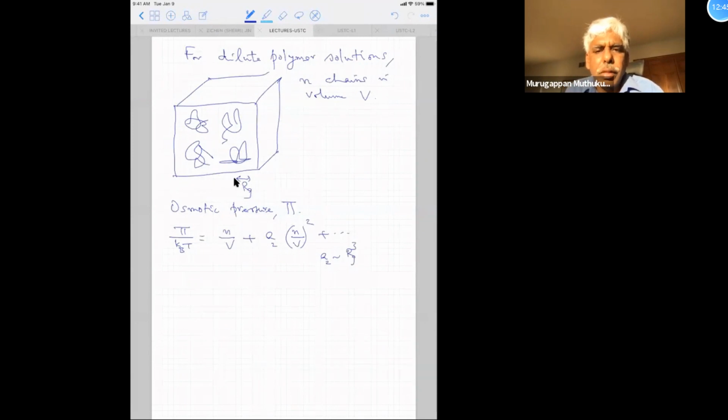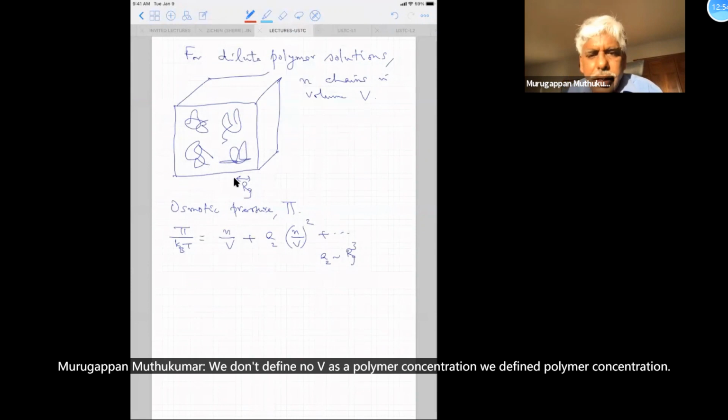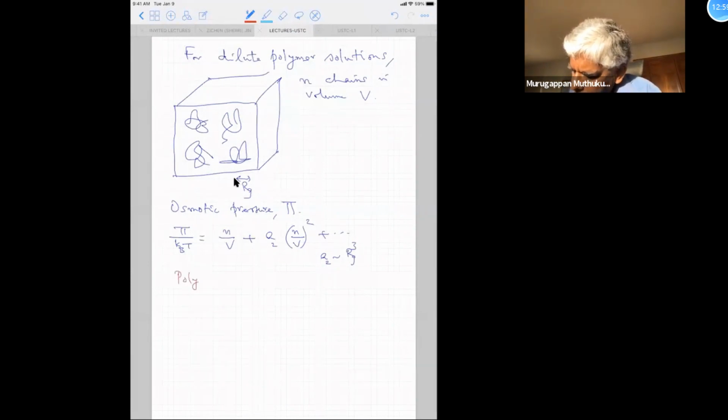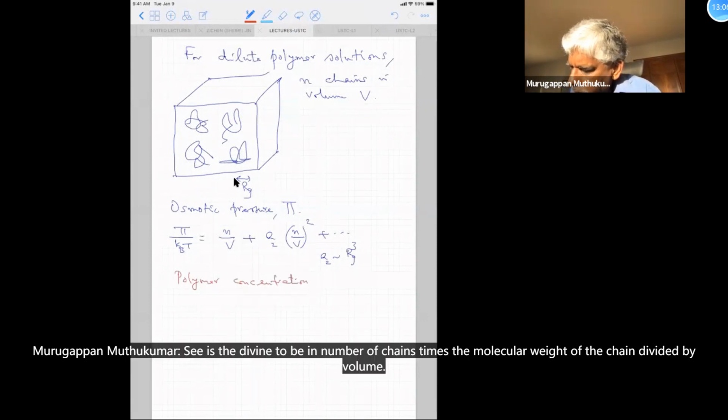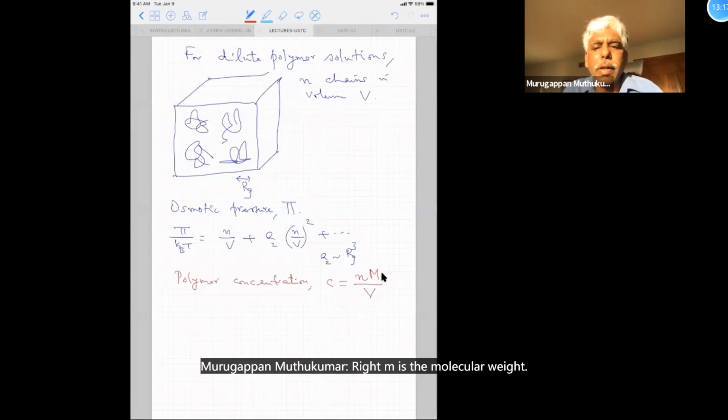Okay. But now in our polymer community, we define polymer concentration as the following. We don't define N over V as a polymer concentration. We define polymer concentration C to be the number of chains times the molecular weight of that chain divided by volume. Right? M is the molecular weight.